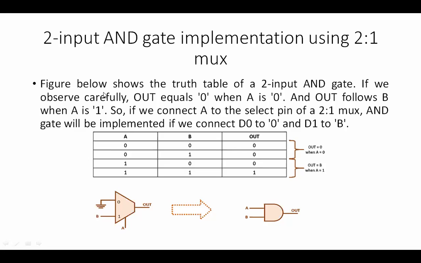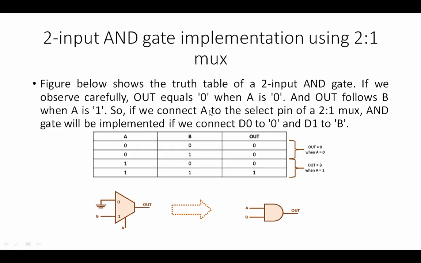Now what you should do is compare the output with the inputs. This truth table gives us a relationship between the inputs and the outputs. Do you all agree with that point? Yes. The truth table gives us a relationship between input and output.